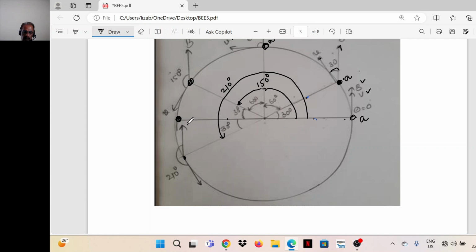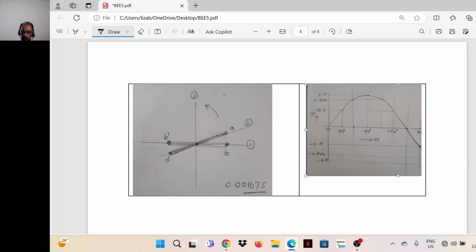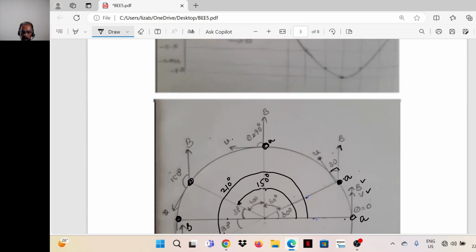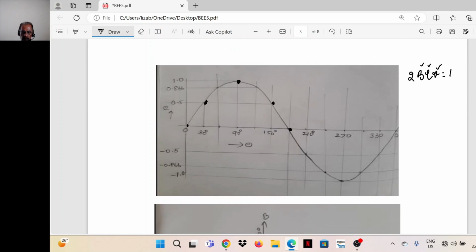This is the flux density B. The angle between B and V is 210 degrees. In the second quadrant, sine theta was positive, but this is the third quadrant, so the value will be negative. That is minus 0.5. That means the direction is opposite now.